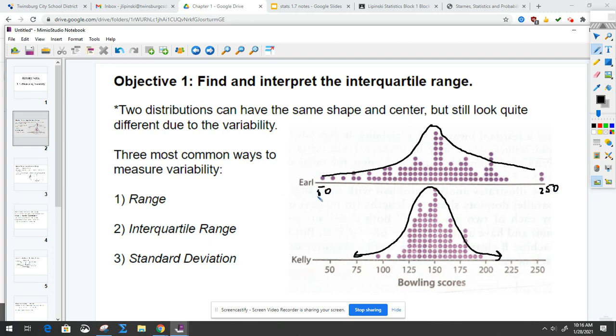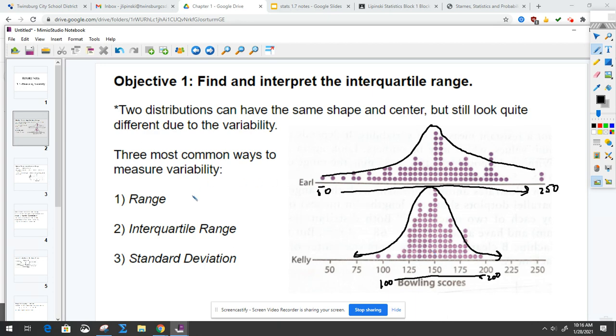If you look at the range from here to here, there is a difference of 200, as opposed to this one, where this is a little bit closer to 100 and this is a little bit closer to 200, where the range is only 100. So when looking at range, we could be talking about two sets of data that look roughly symmetric, but the range and the variability can be way, way different.